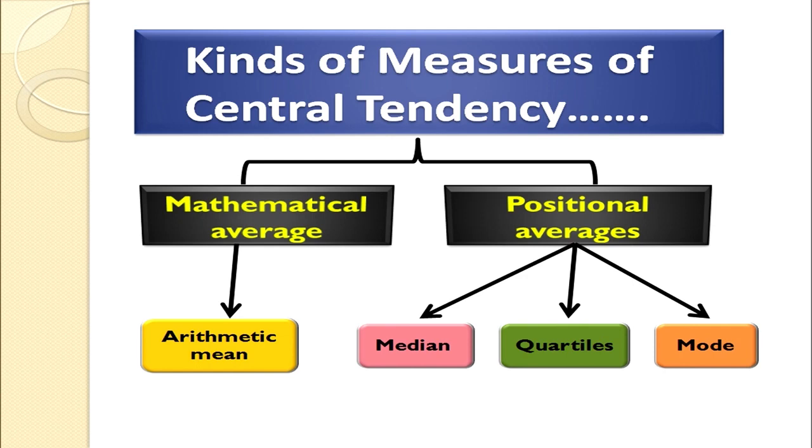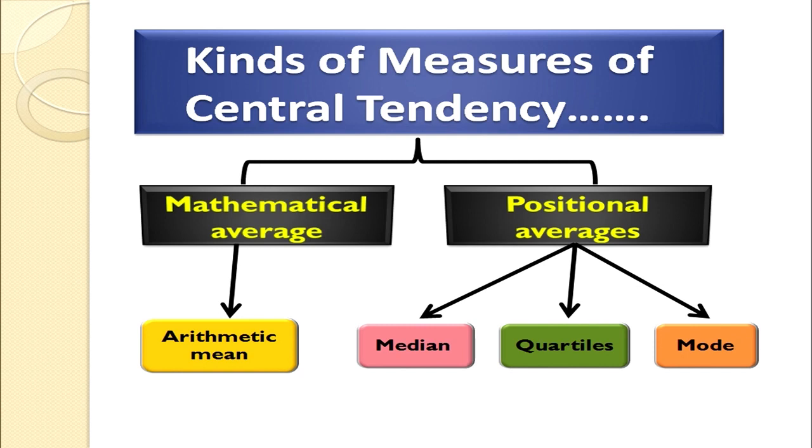Once we know the meaning of central tendency, we can discuss different kinds of measures of central tendency. Basically, there are two kinds: one is mathematical average, other is positional average.